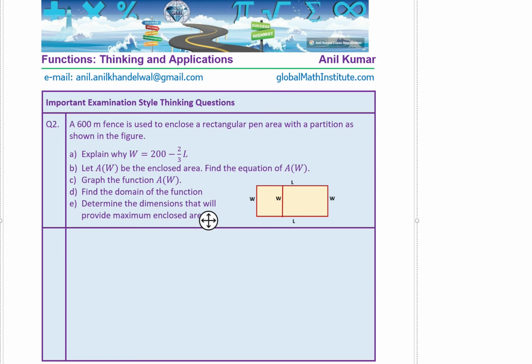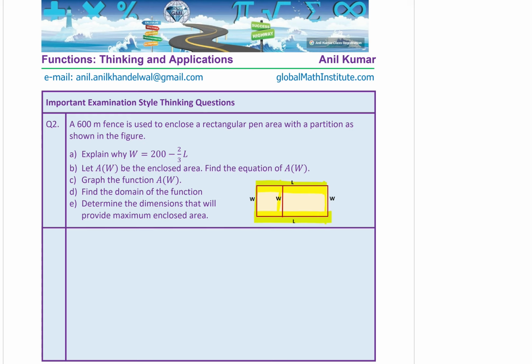Now let's look into the second question. It says a 600-meter fence is used to enclose the rectangular pen area with partition as shown in the figure. So the total length, that means these two lengths, 2L, and these are three widths, correct? The variables are already defined, correct?